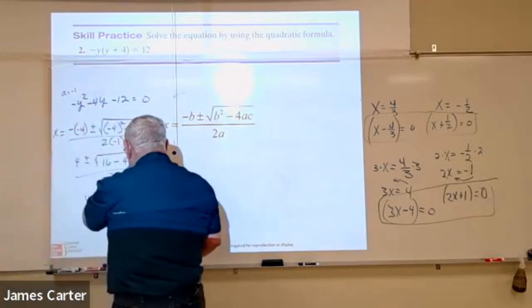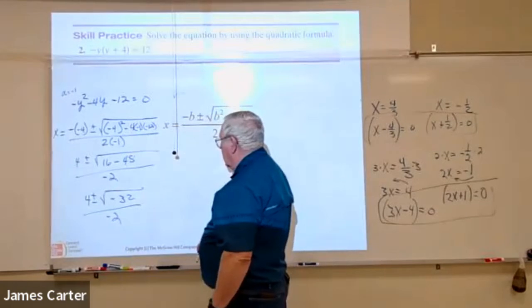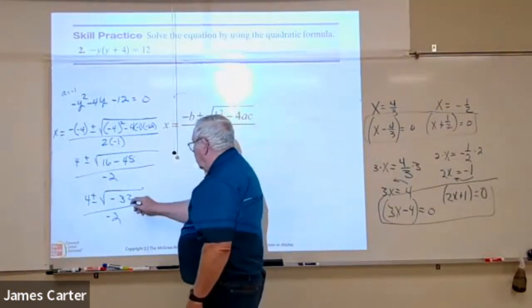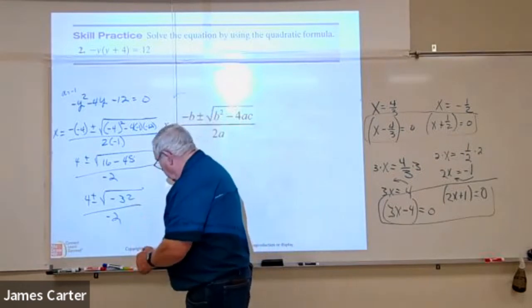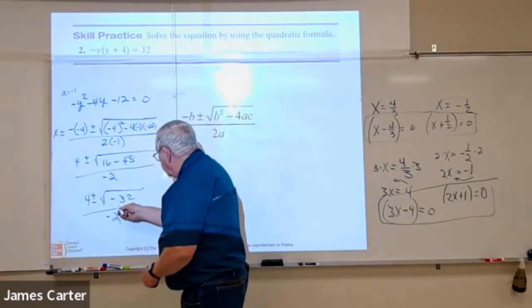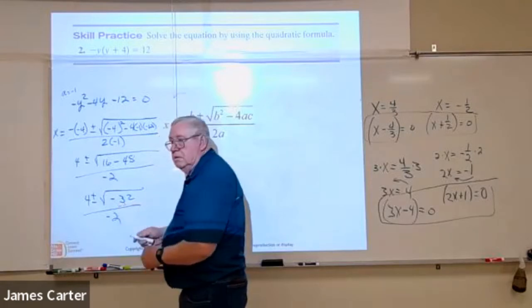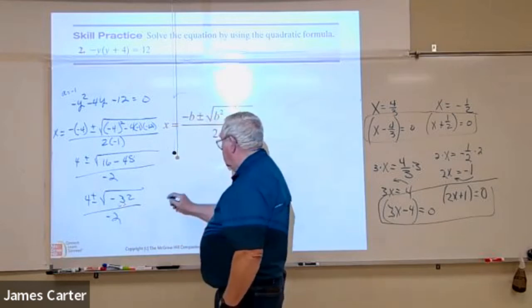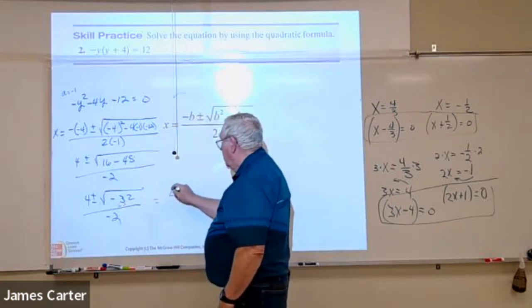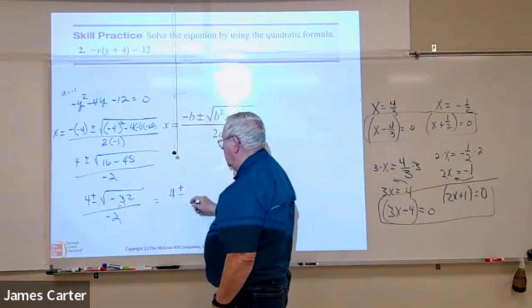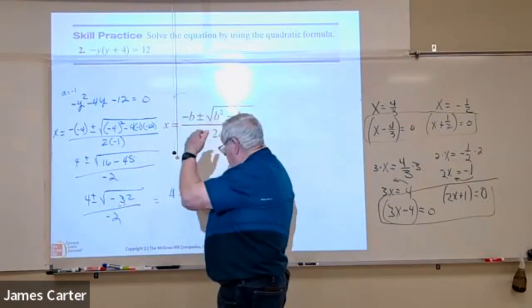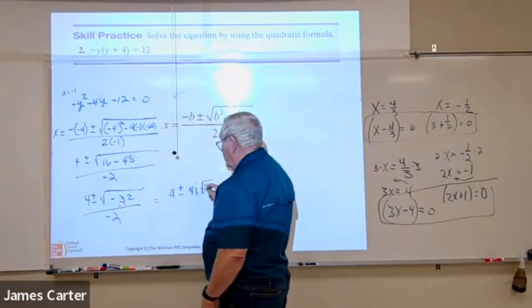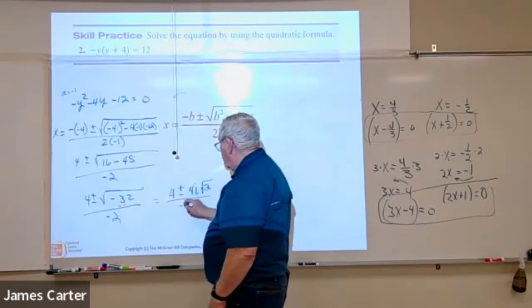Okay. This is 16 times 2. So equals 4 plus or minus 4i radical 2 over -2.